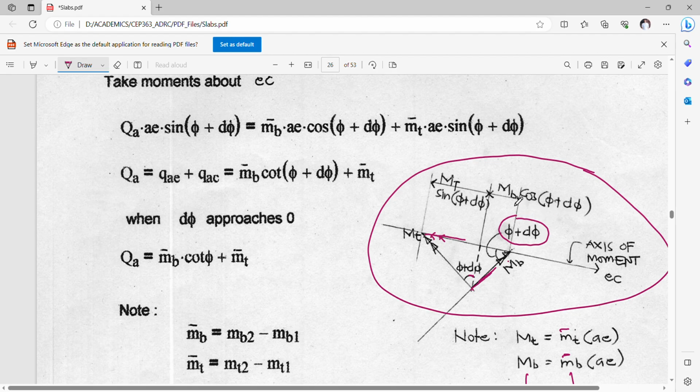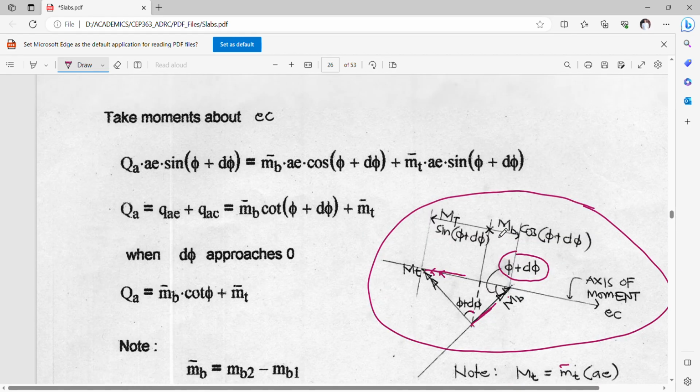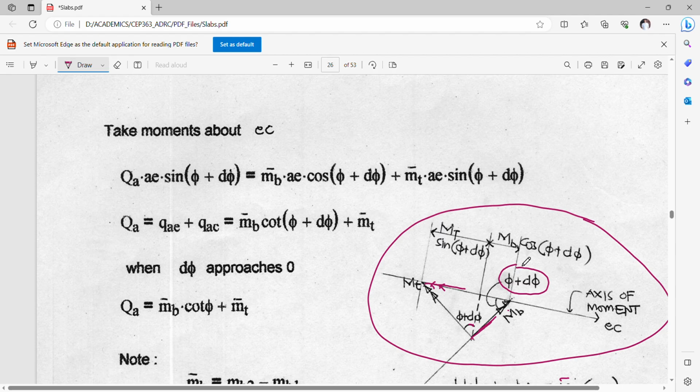So adding this as your moment, take note of the sign, so this must be on the other side, no?